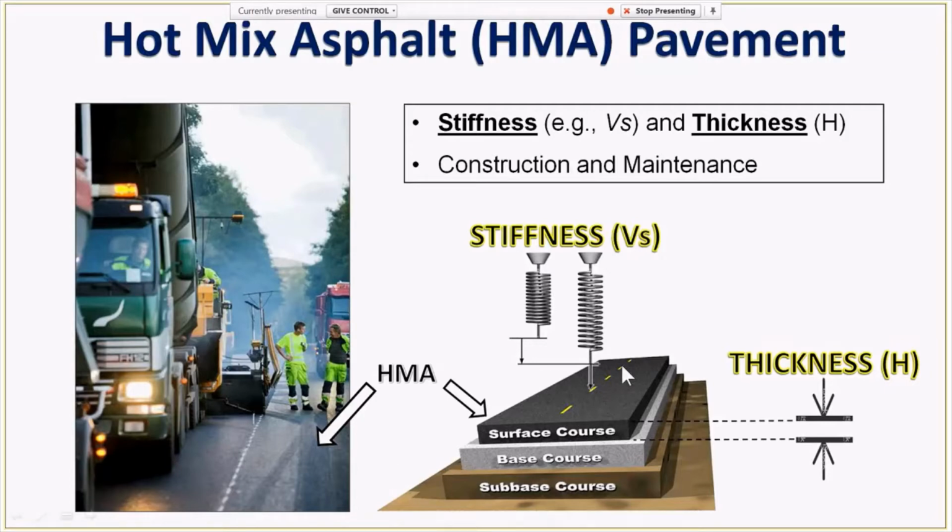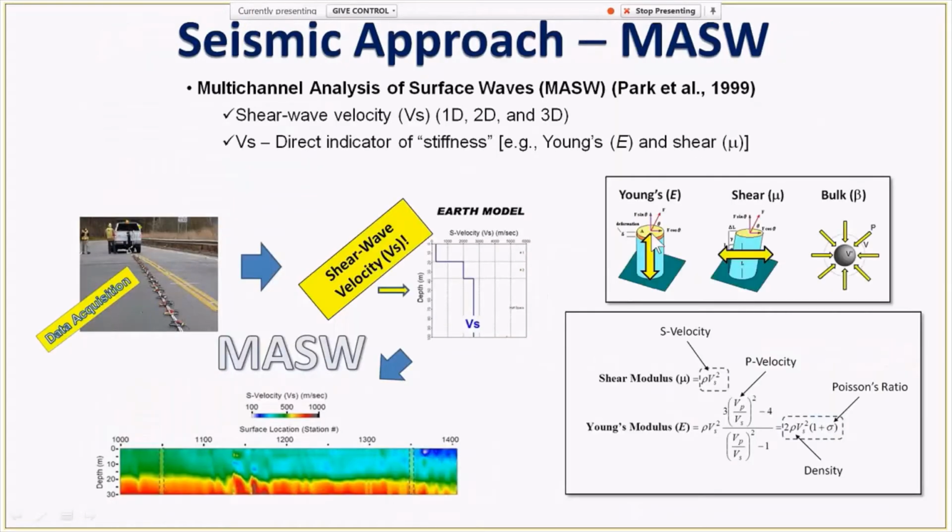So first, stiffness. When it comes to stiffness of solid materials, that property has commonly been represented by so-called elastic moduli. There are 3 elastic moduli. One is the Young's modulus, which is a measure of a material's resistance to longitudinal deformation.